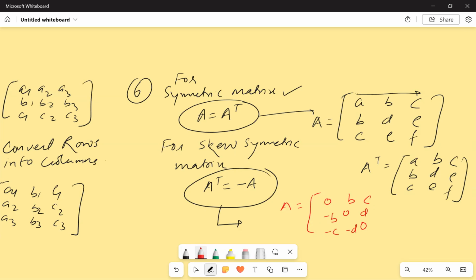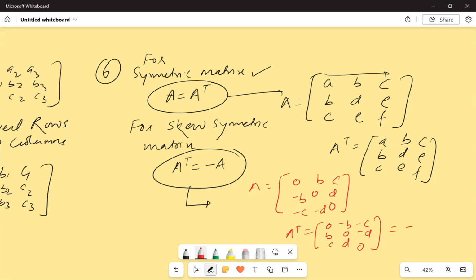D and minus D. So when I take the transpose, we get 0, B, C, minus B, 0, D, minus C, minus D, 0. Okay.